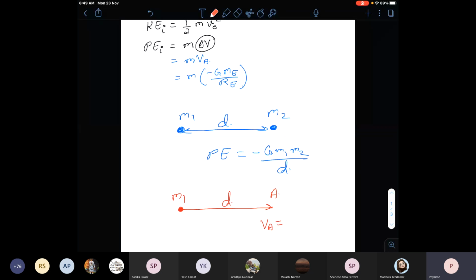Just tell me, have you studied gravitational potential energy or have you studied gravitational potential? So gravitational potential energy you have studied, but only potential you have not studied. Are they the same?